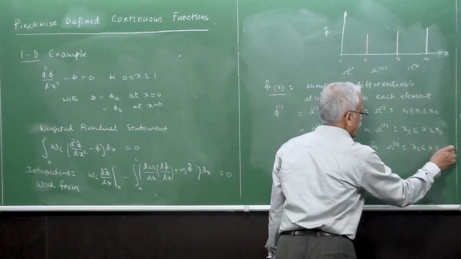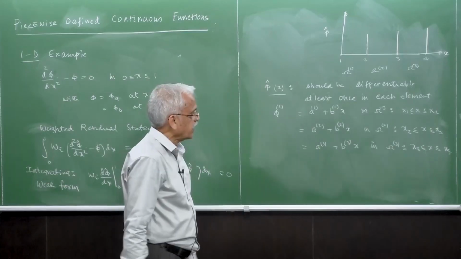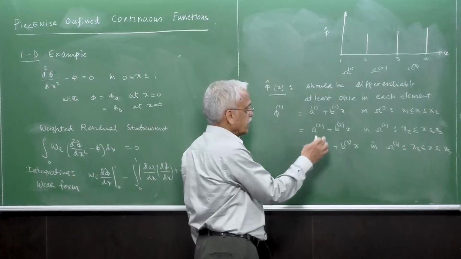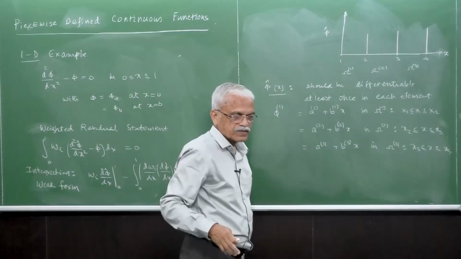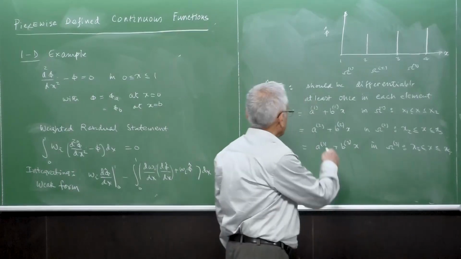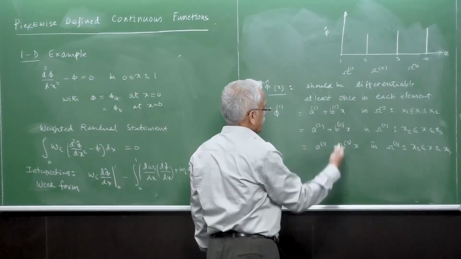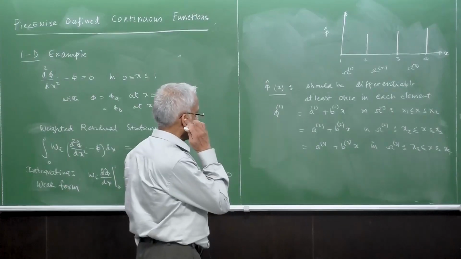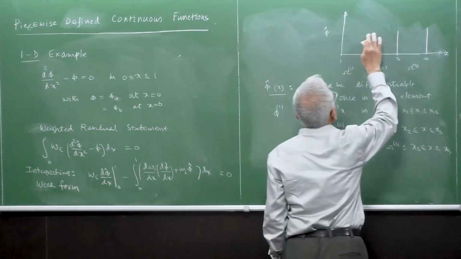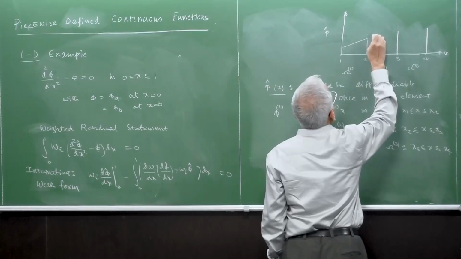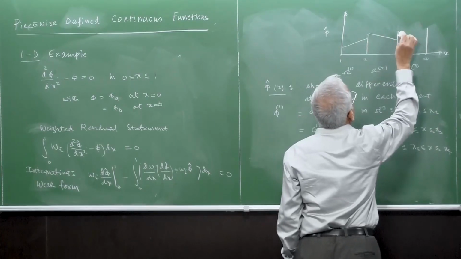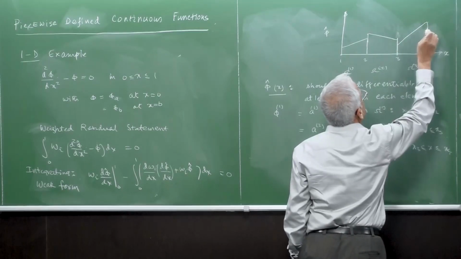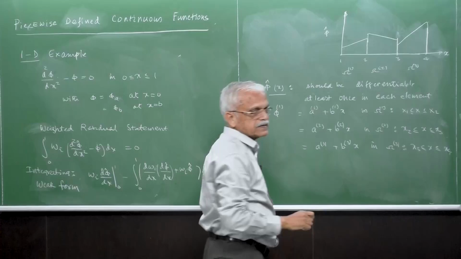In each subdomain, we have defined it by a first degree polynomial, so that means linear. If you want to differentiate, you can differentiate it. It's very simple. If you differentiate this once, you get b1 or b2 or b3 in the domains 1, 2 and 3. So that's number 1. In each subdomain, in general, it looks like this, which is linear.